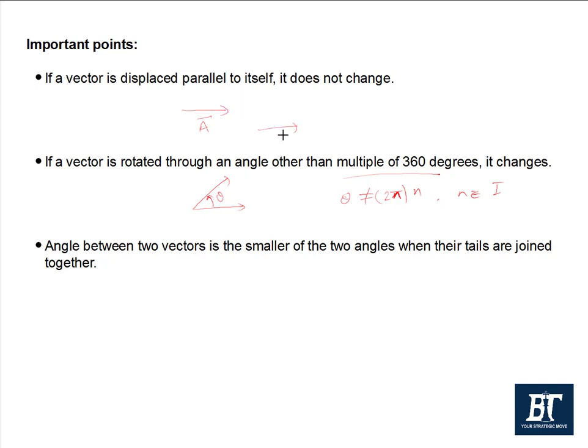So we can displace a vector parallel to itself, keeping its magnitude and direction fixed, but we cannot rotate a vector by any angle which is not a multiple of 360 degrees.